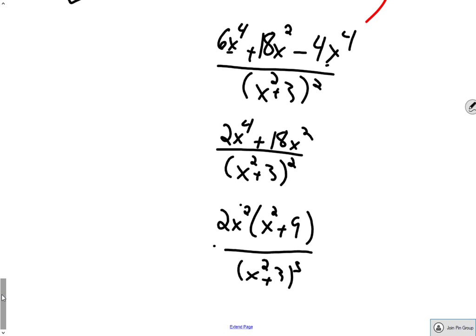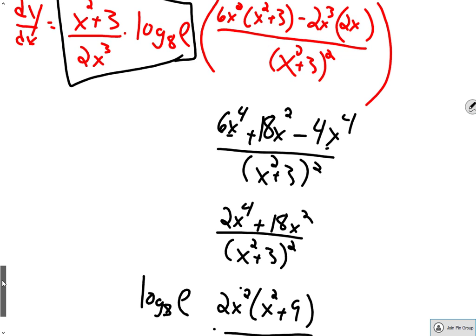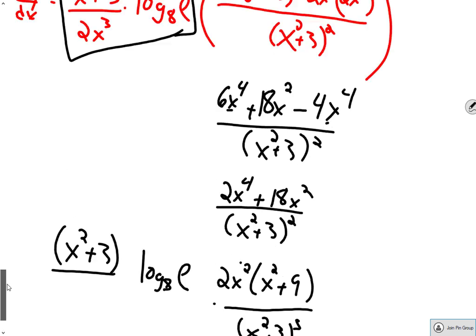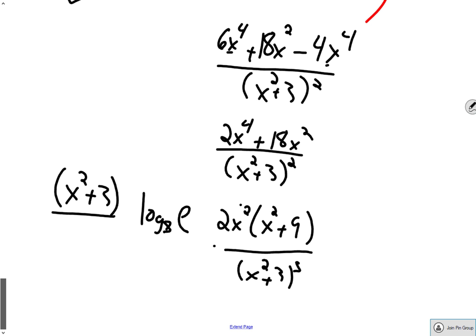Now, what did I have over here? Log base 7e? 8. Whatever. Normally I never do bases, I always just write them as logs. x squared to the power of 3, or x squared 3 times 2x cubed.